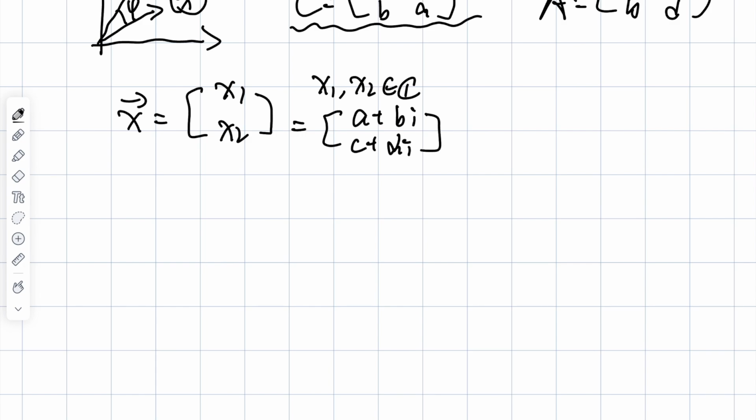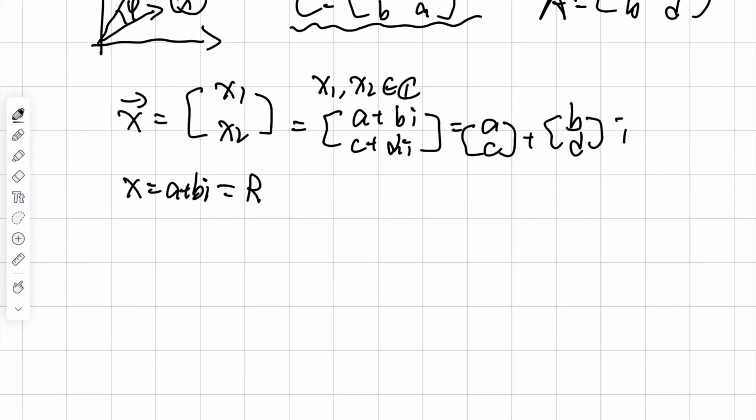We can always write it this way, because for any complex number x equals a plus bi, it equals the real part of x plus the imaginary part of x times i.